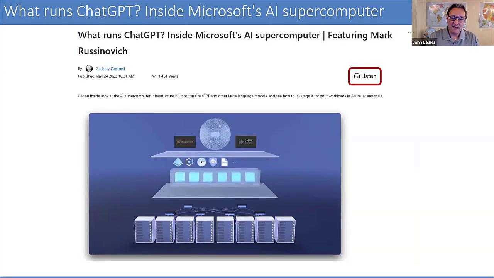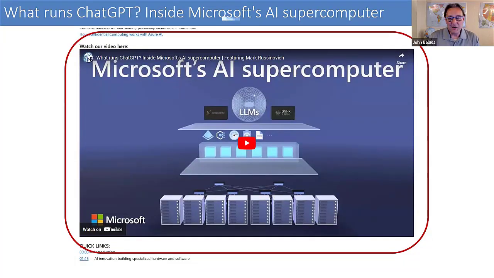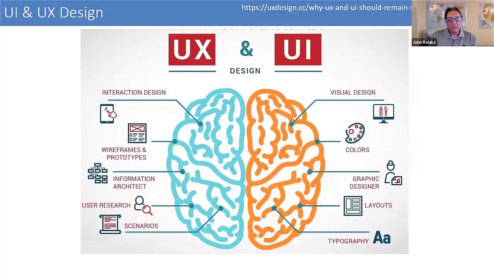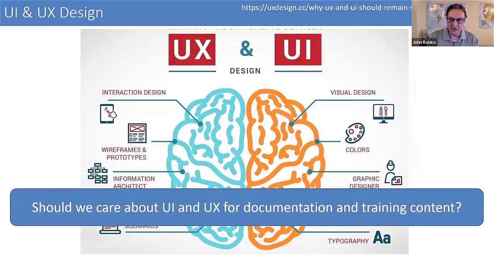But then if you scroll down to the end of the article, that's where you have a video. So this aspect of user interface versus user experience is just getting more confusing. I think user interfaces of this content are getting better and better, but the experience of it is something that we really need to start considering if we're trying to produce effective content that could be documentation and training.